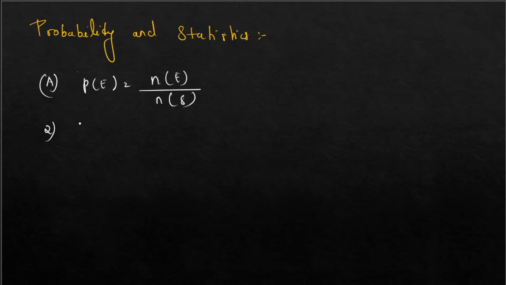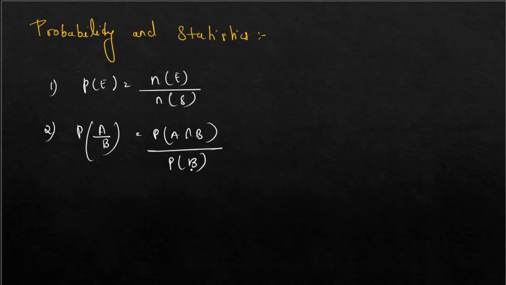Second is probability of A by B, which is probability of A intersection B by probability of B, which is conditional probability.